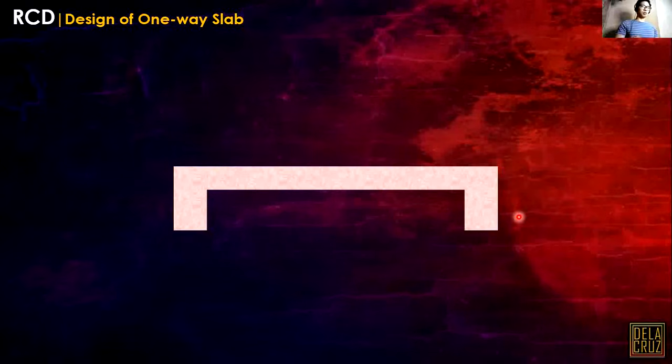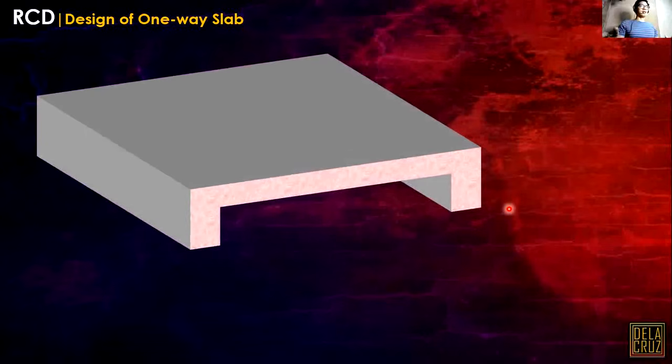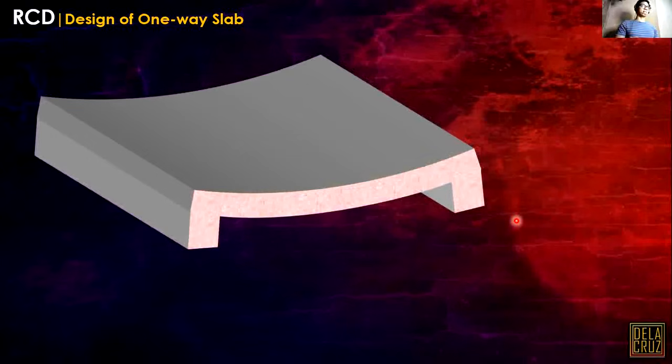Okay, so if we look at this in the isometric view, a one-way slab is defined as a parang siyang beam, no? It is like a beam, a wide beam that will bend in only one direction, like this one. So ito yung manner of bending ng one-way slab.